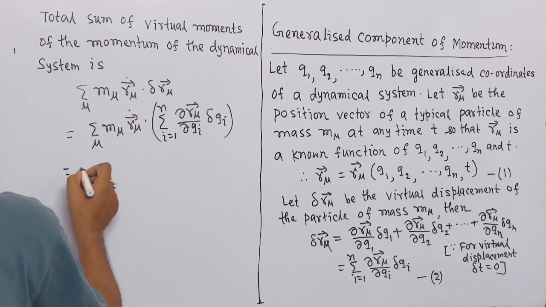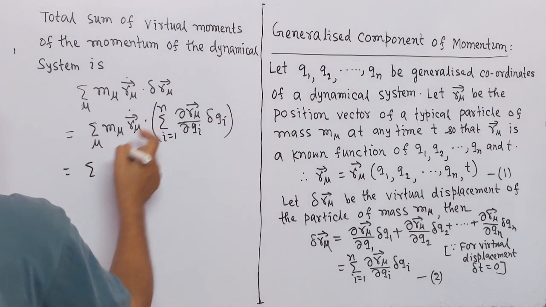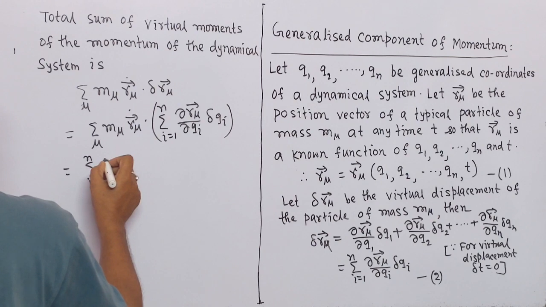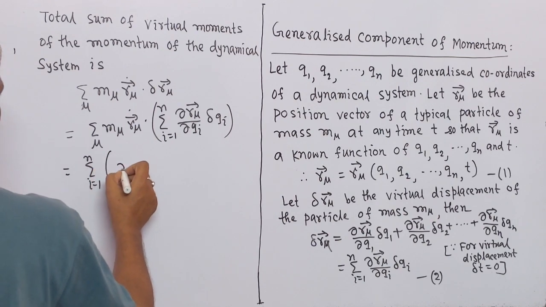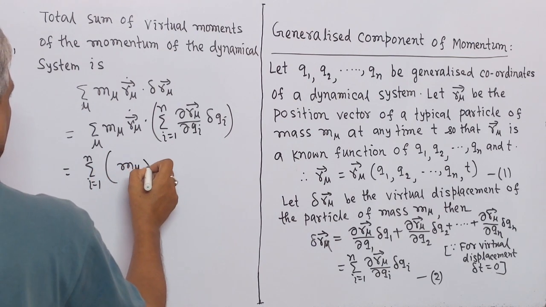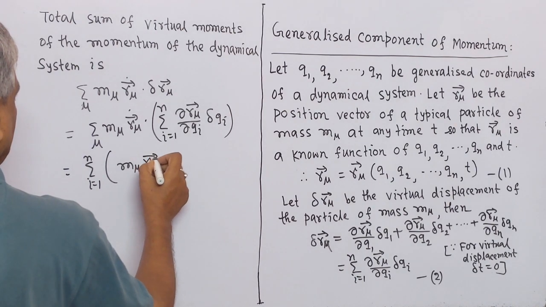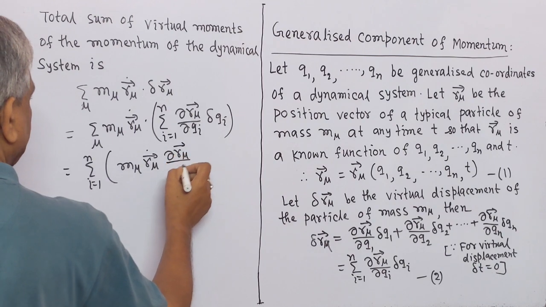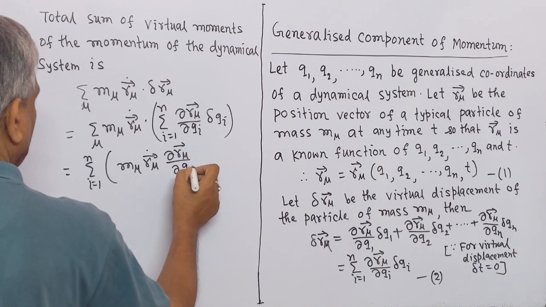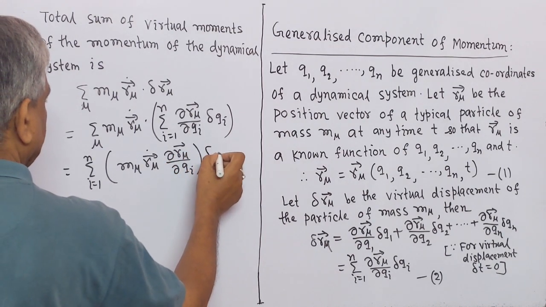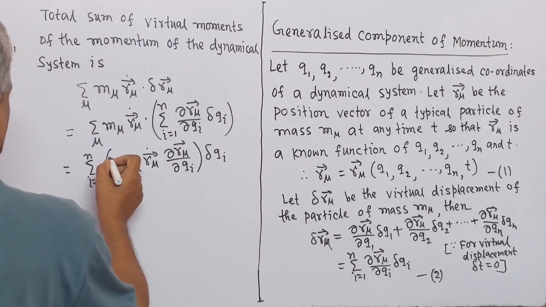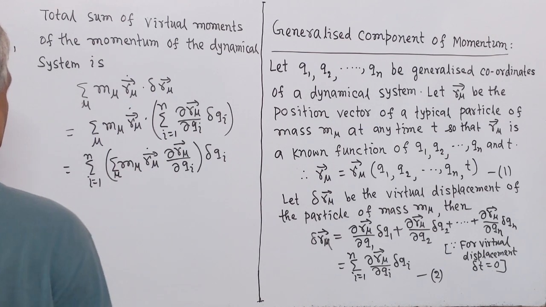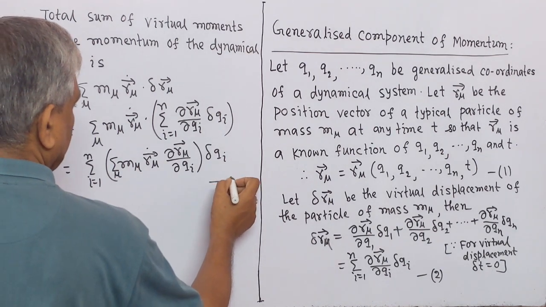We may write this with sigma outside, i equals 1 to n, of sigma over mu of m_mu r_mu dot times the partial derivative of r_mu with respect to qi, times delta qi. Here sigma is over mu. This is number 3.